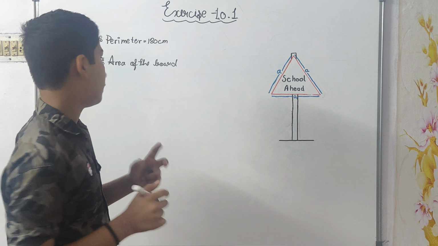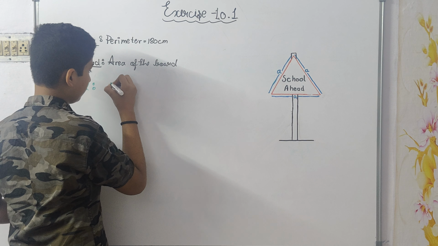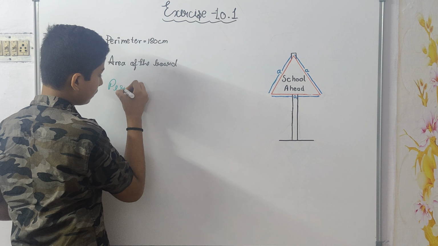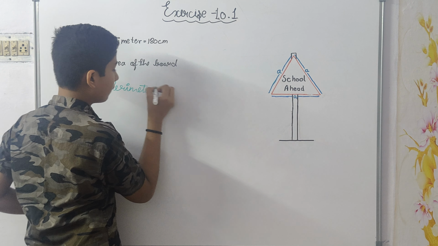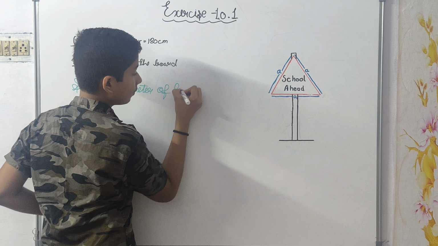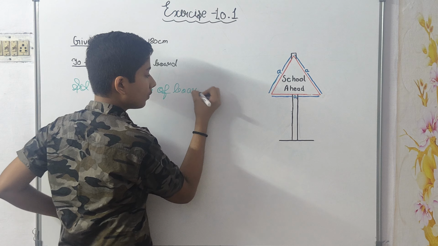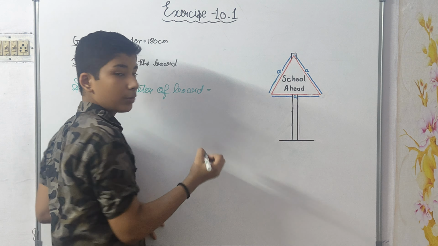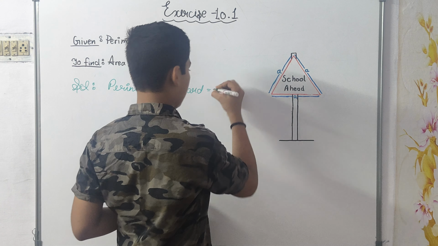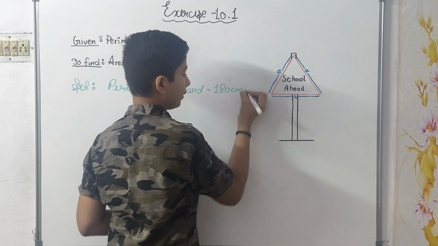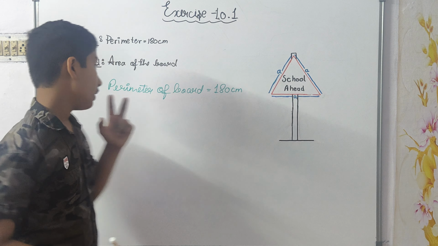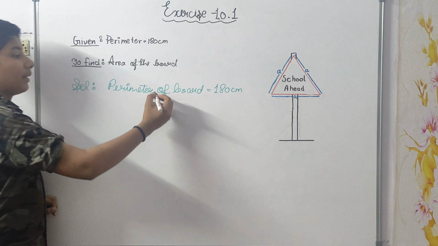First of all, the perimeter of the board. What is the perimeter of the board? It is 180 centimeter.